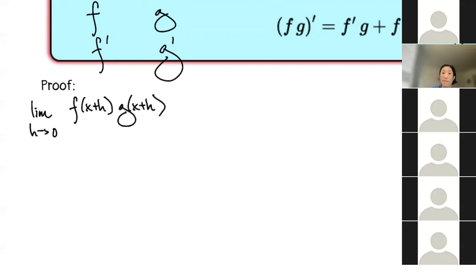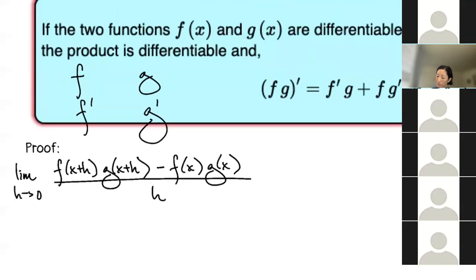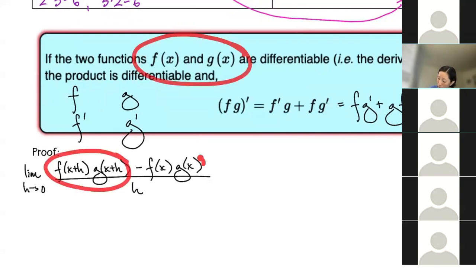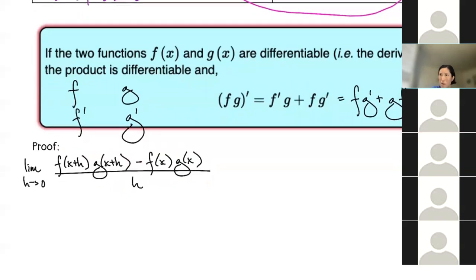So this is my f and g, but with x plus h put into it, minus f of x, g of x, all over h. Okay. So all I'm doing is saying I have f of x times g of x. I'm going to plug in x plus h, and I'm going to plug in x, and then subtract those two. Okay. Are we okay so far with this setup?